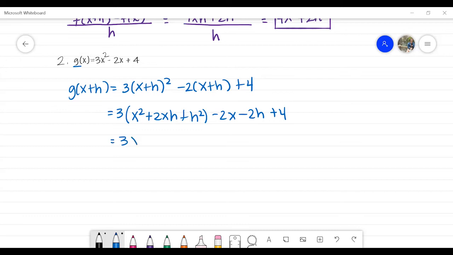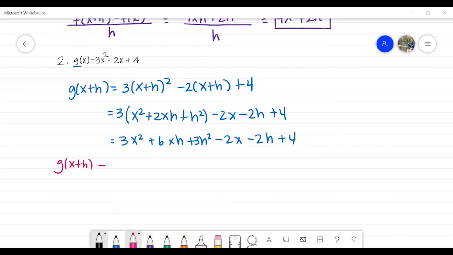Okay, so you've got 3x squared plus 2xh plus h squared minus 2x minus 2h plus 4. And I don't know why, but I did not distribute. So this should be a 6, and that should be a 3. There are no like terms here, so we move straight into our next piece.